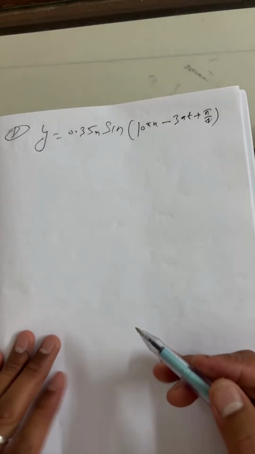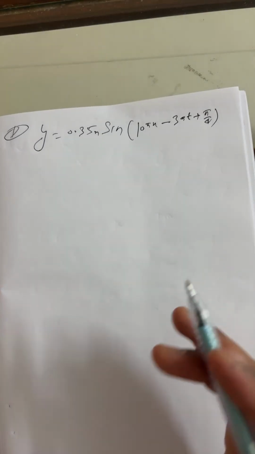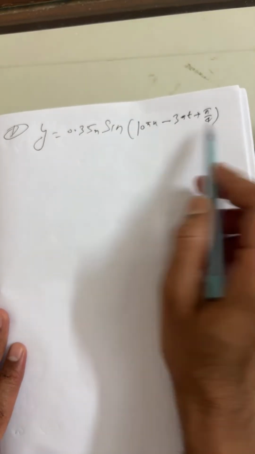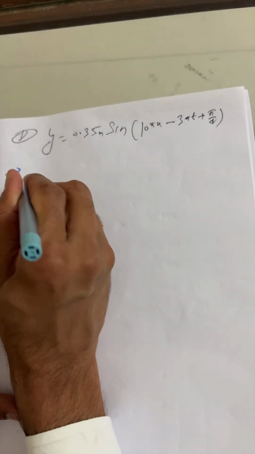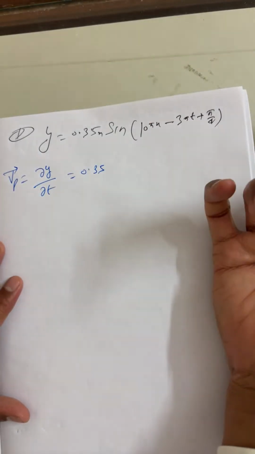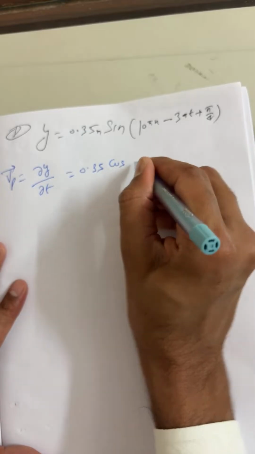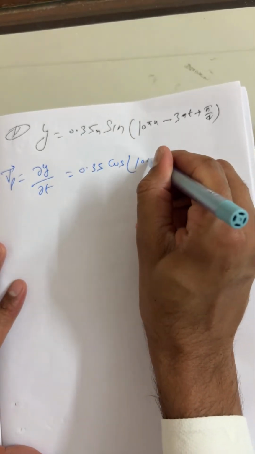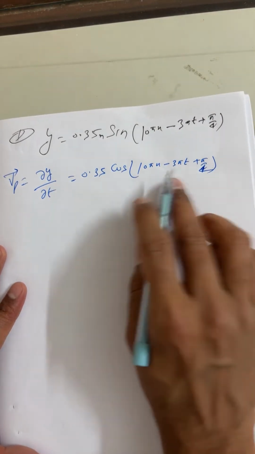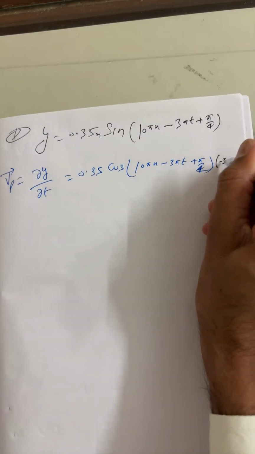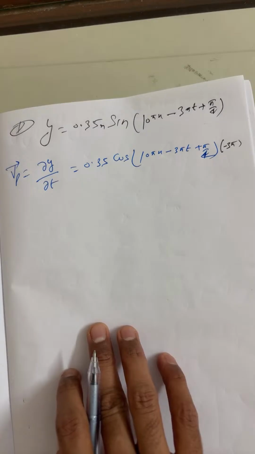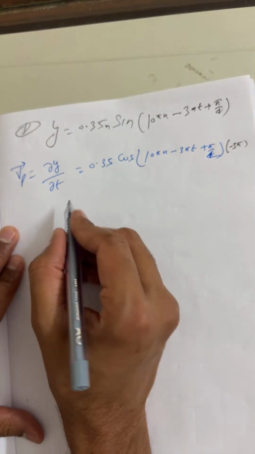If we have two variables in an equation, you keep one constant and differentiate with respect to the other. Here I differentiate with respect to time, keeping x constant, to get the velocity of the particle, ∂y/∂t. So 0.35, sine becomes cos, the argument stays as it is, 10πx − 3πt + π/4, and multiply by the coefficient of time, which is 3π. So 0.35 into 3π gives 1.05π, and simply we find the velocity of the particle.